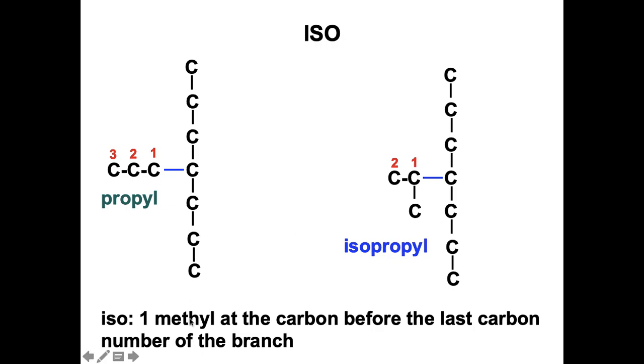You have 1 methyl at the carbon before the last carbon, and we call it isopropyl because the total number of carbon are 3.